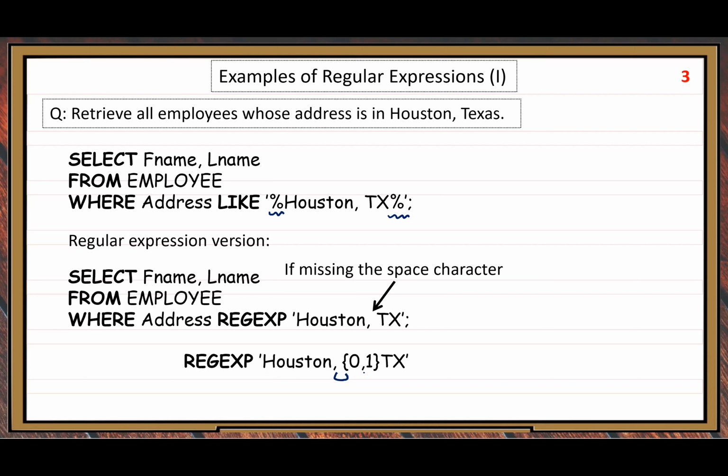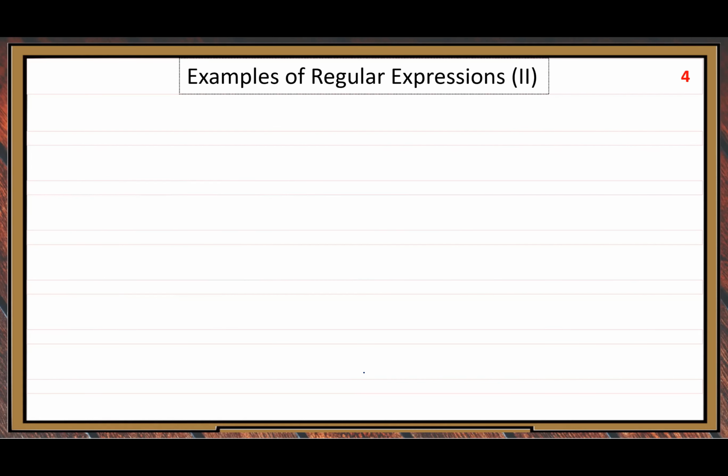But if you use the like operator, can you do this? No, right? Because with the like operator, you cannot control your string pattern as accurately as this. Now you see the advantage, the power of regular expressions.